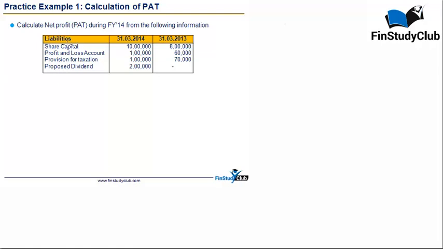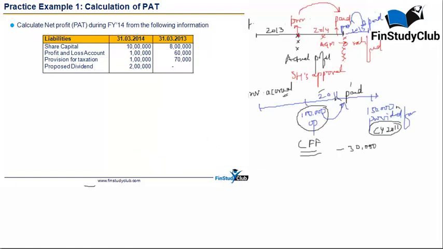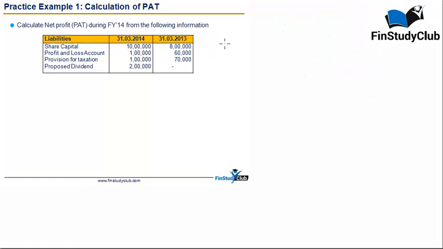Here is what I am after: to calculate my PAT. The first example says your profit and loss account net balance has changed by 40,000. If you look at 100,000 minus 60,000, it says 40,000 is the net change, and the provision for taxation will not play a role.